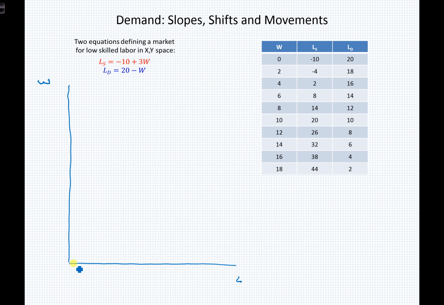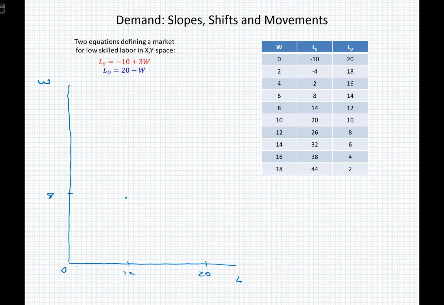And we see that, let's say, when the wage is 8, the labor demand is out here at about 12. So wage of 0, labor demand 20, wage of 8, labor demand 12.